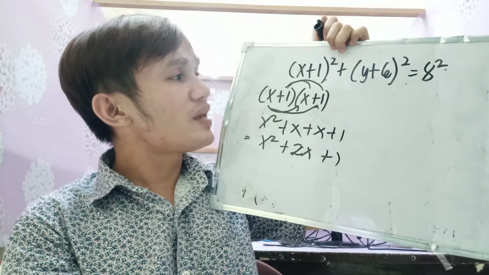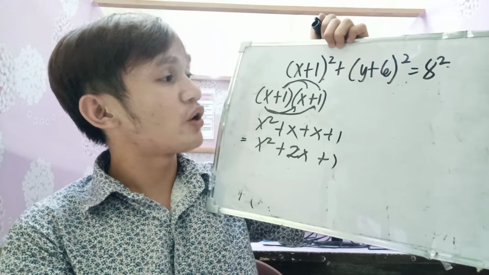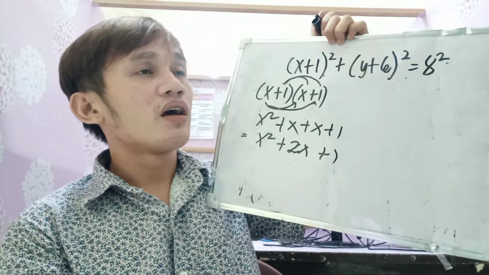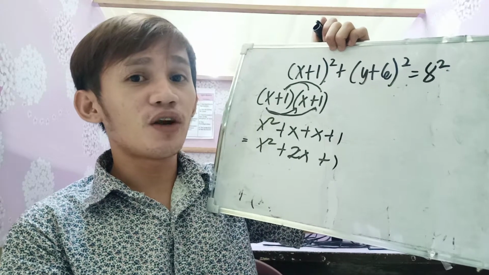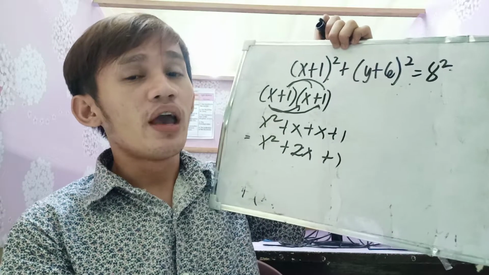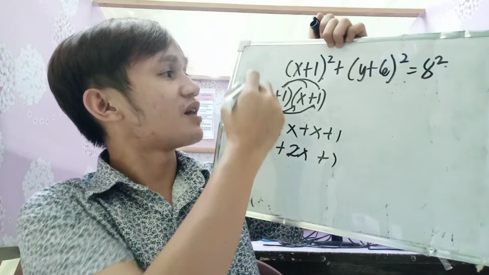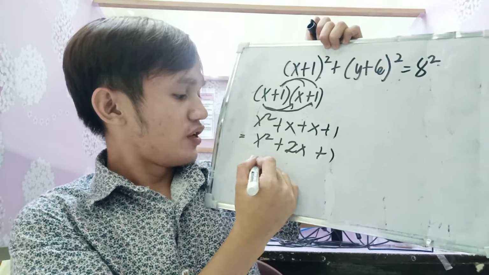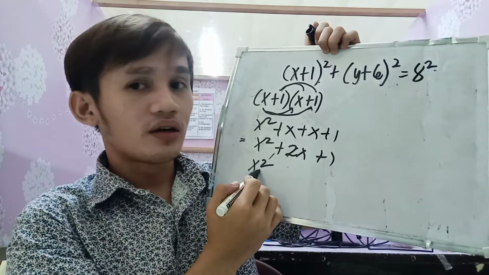But actually, we can use the square of a binomial. If you can still remember, it is simply squaring the first term, multiplying the first term and the second term and then multiplying that by 2, and then getting the square of the second term. So let us have this example, (x + 1)². Square the first term, which is x².